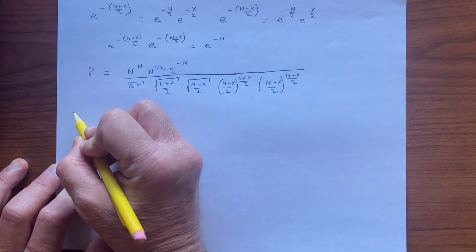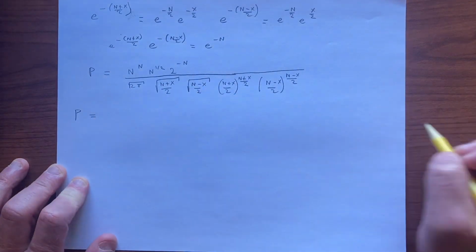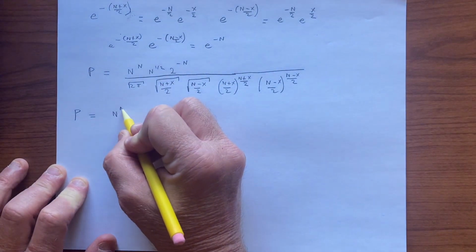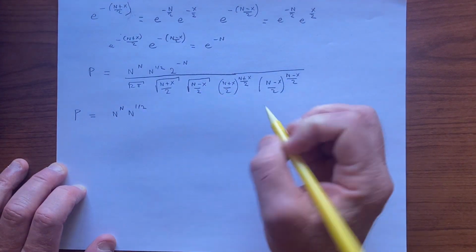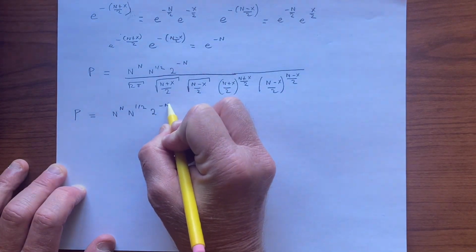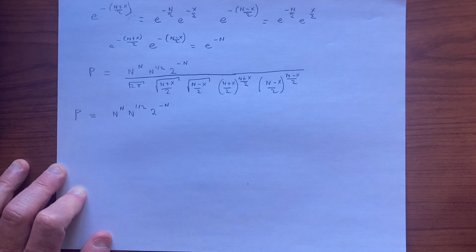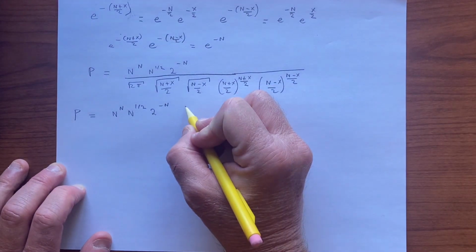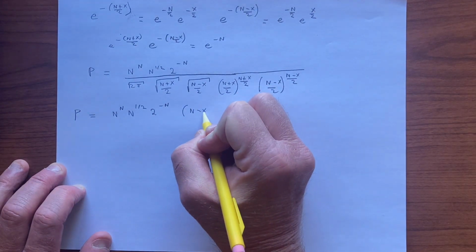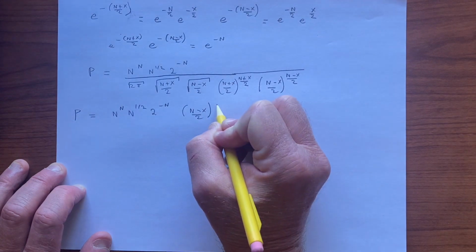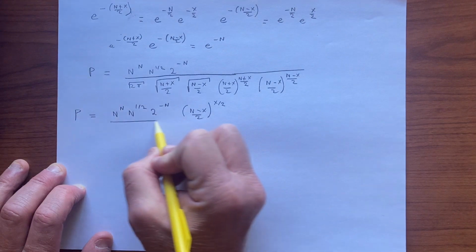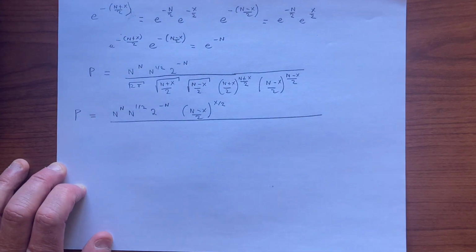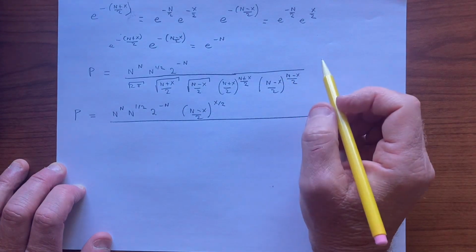Okay, so we'll end up with, let's see, probability becomes, we have these various factors, n to the n to the 1/2, 2 to the minus n. We have an (n minus x)/2 to the x/2.